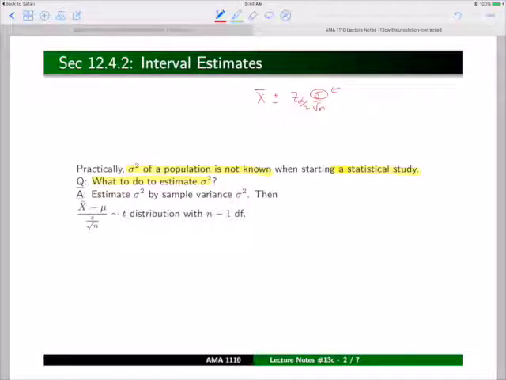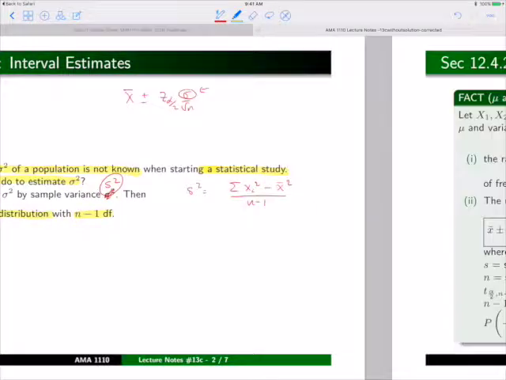Well, we estimate the population variance by the sample variance, S squared. Remember, S squared is the sum of all measurements squared minus the sample mean squared, over n minus 1. In this case, the normalized random variable will follow a t-distribution with what they call n minus 1 degrees of freedom.